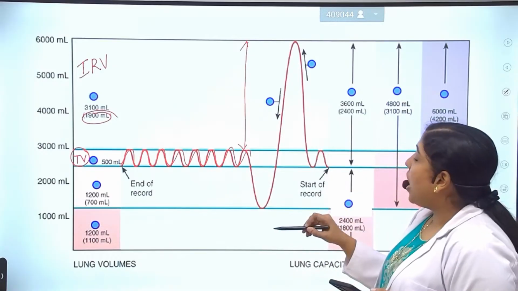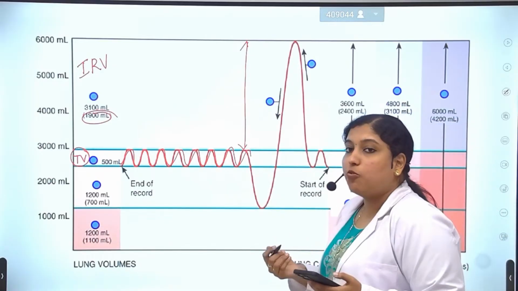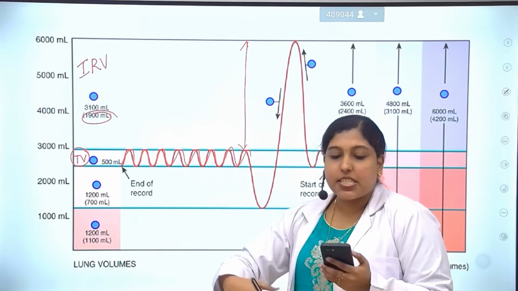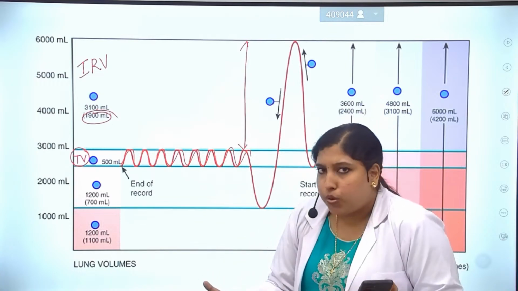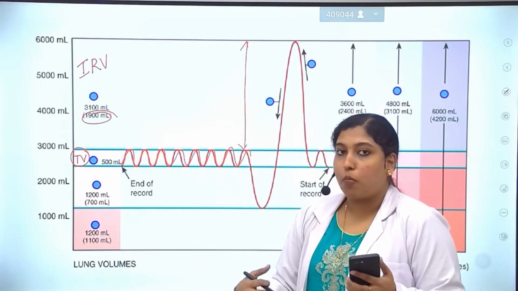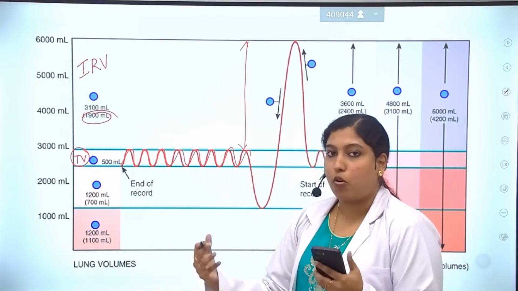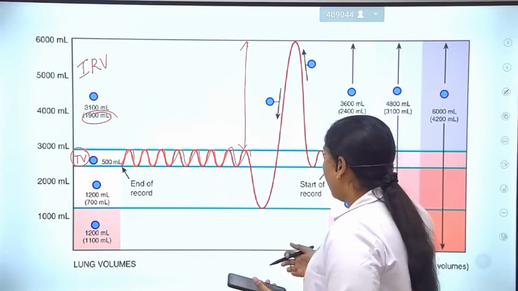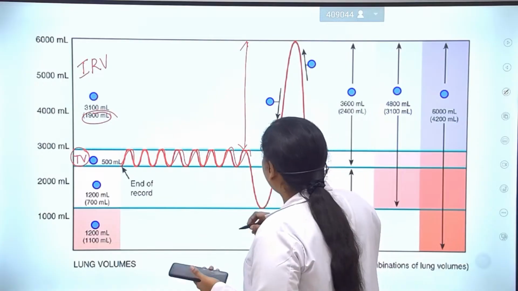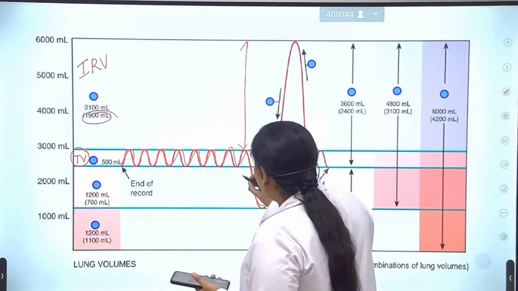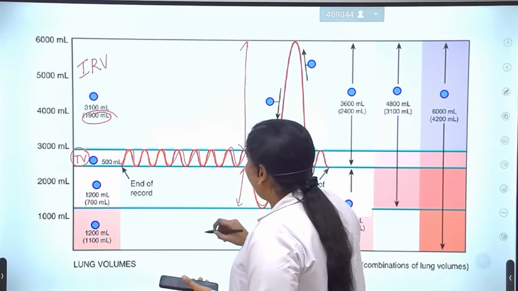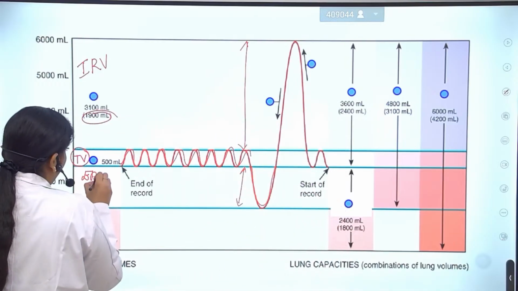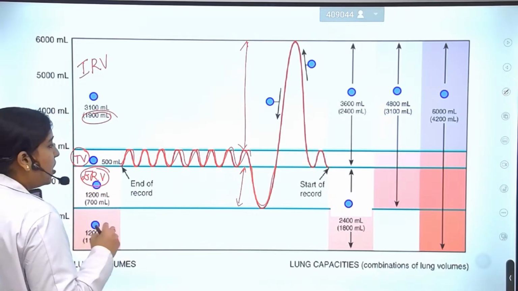Next, in the same way, I am forcefully exhaling more air, which means I am putting more air outside. That voluntary forceful expiration of air is termed as the expiratory reserve volume.